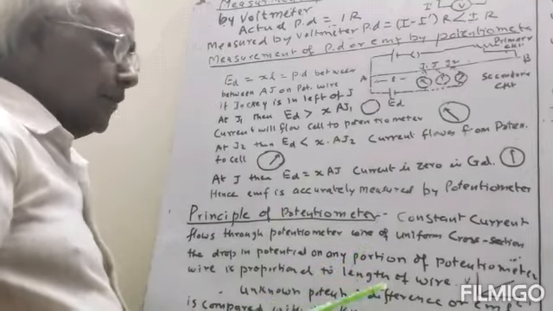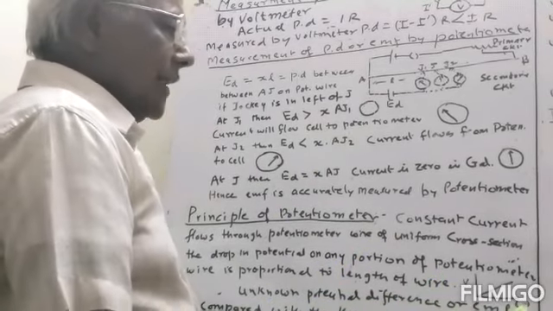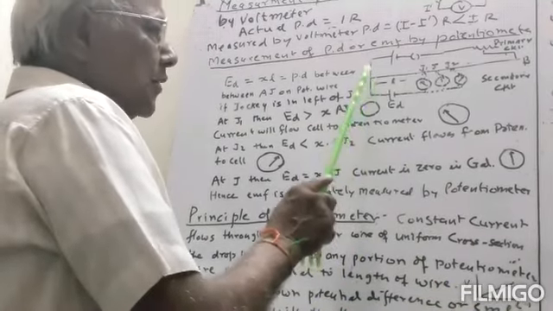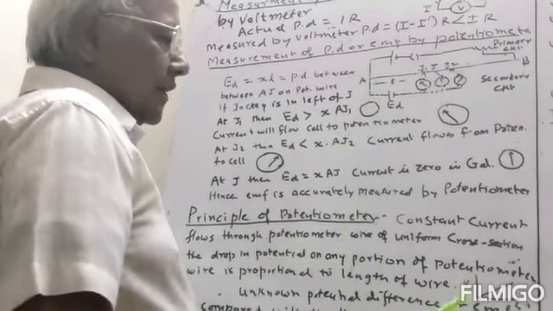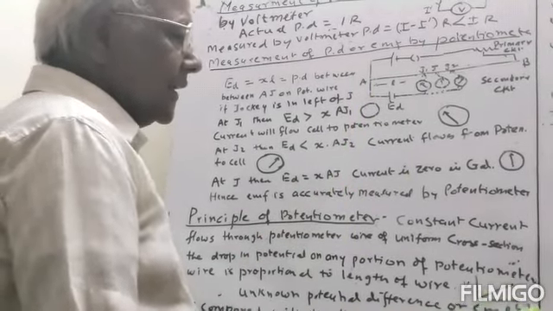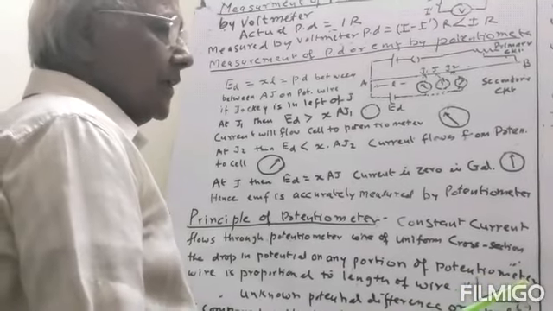So if we plot a graph between the potential difference and length, where length is measured from point A, then as L is increasing, V is increasing.